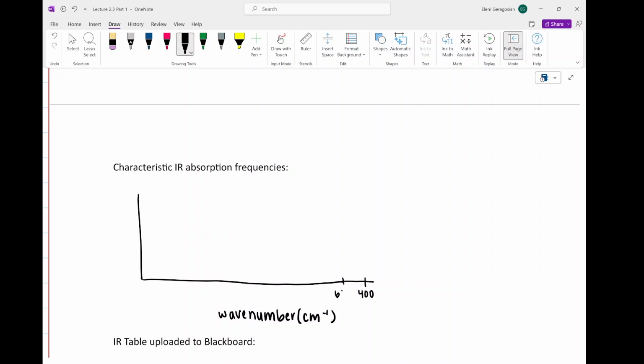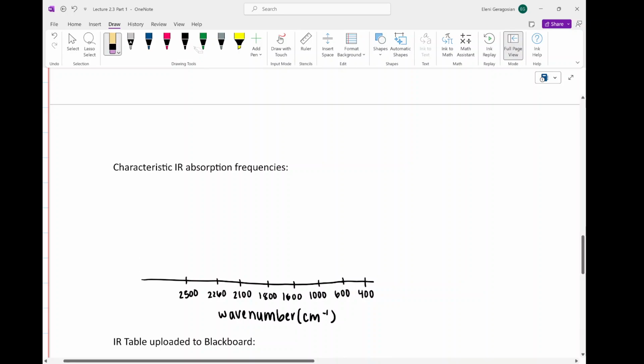Then let's go to 600, 1,000, 1,600. This is not drawn to scale.